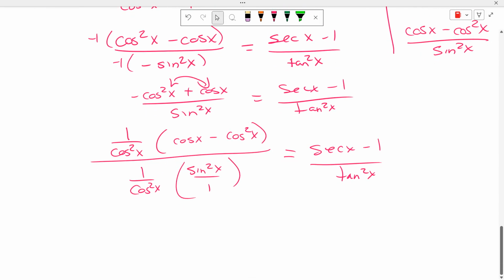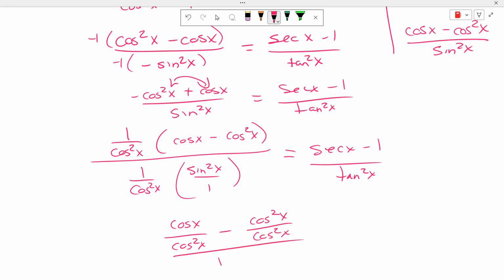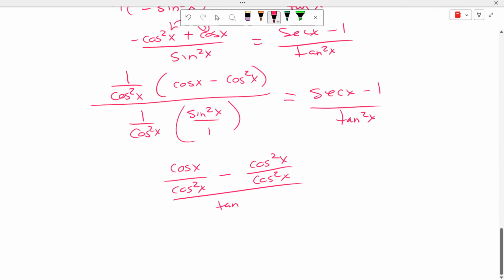So if I distribute this through here, I get cosine of x over cosine squared of x minus cosine squared of x over cosine squared of x all over tangent. So let's make that one more step here.